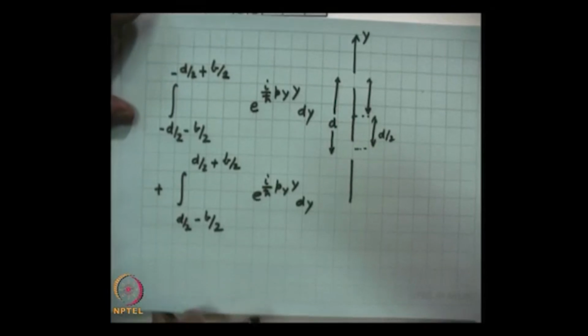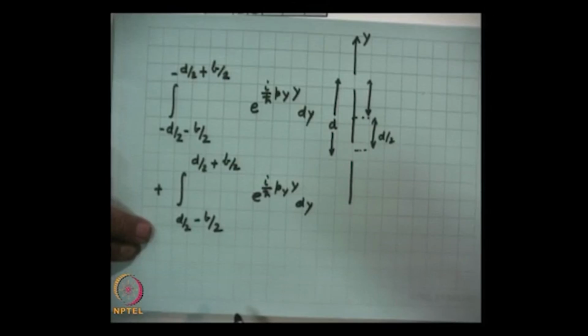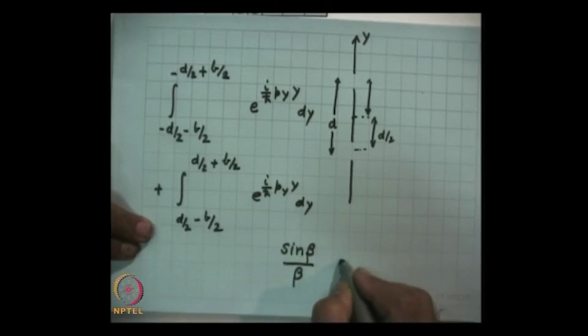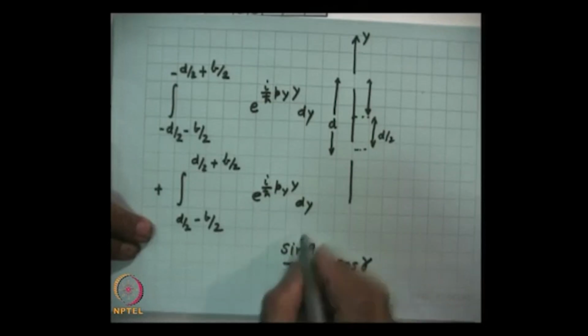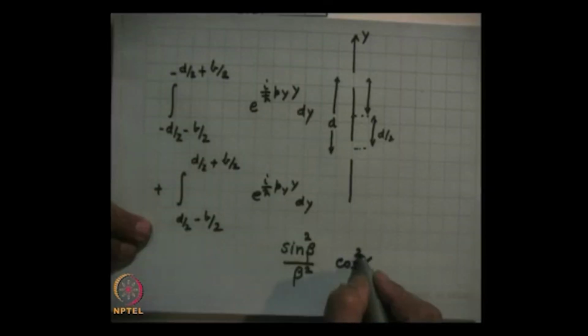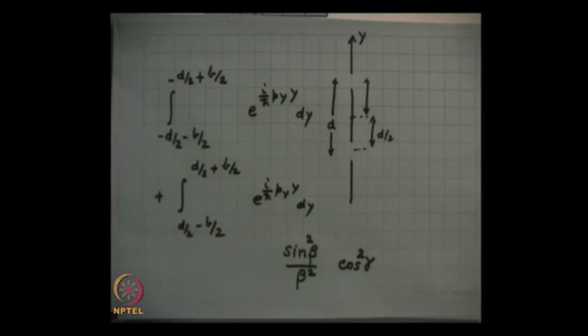If I carry out this integration and do a little bit of simplification, then you will obtain sin beta by beta multiplied by cos gamma, where the square of this, sin square beta by beta square, is the diffraction pattern, and cos square gamma is the interference term. It is a very simple integration, very similar to what we had done for the single slit diffraction pattern.